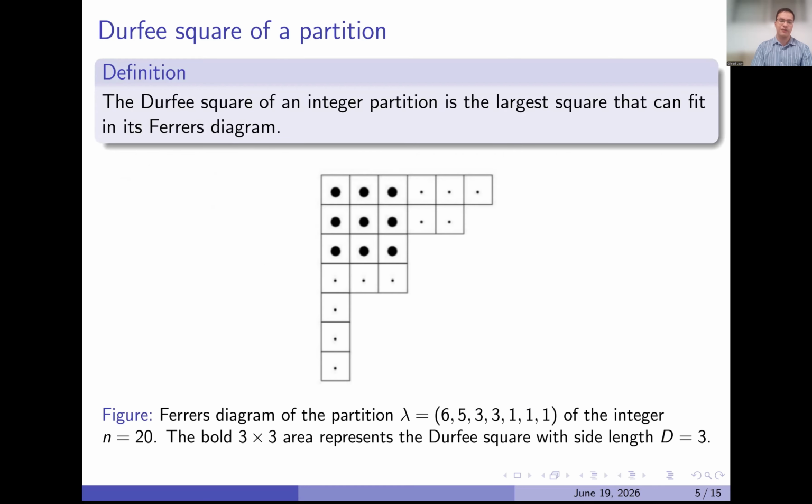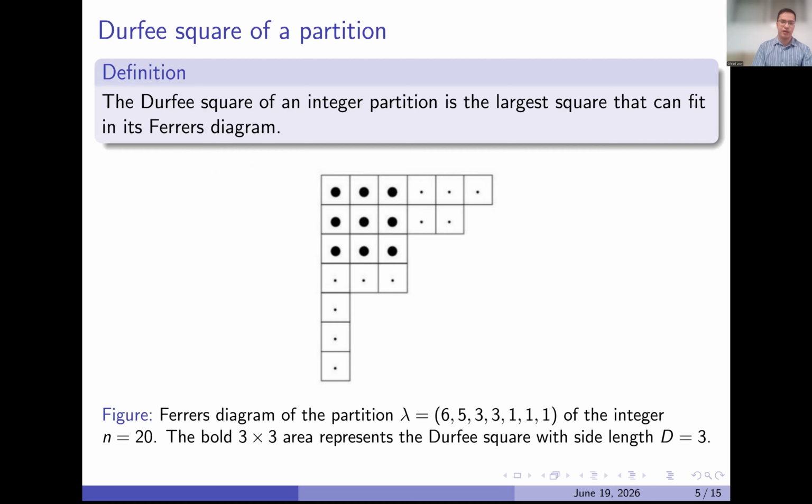So, as I've explained in the beginning, the main result of our work is to establish an upper bound that depends only on the Durfee square of the partition. So let's recall the definition of the Durfee square. It is essentially the largest square that can fit in the Ferrers diagram of the partition. So here we have an example, the Ferrers diagram of the partition 6, 5, 3, 3, 1, 1, 1.